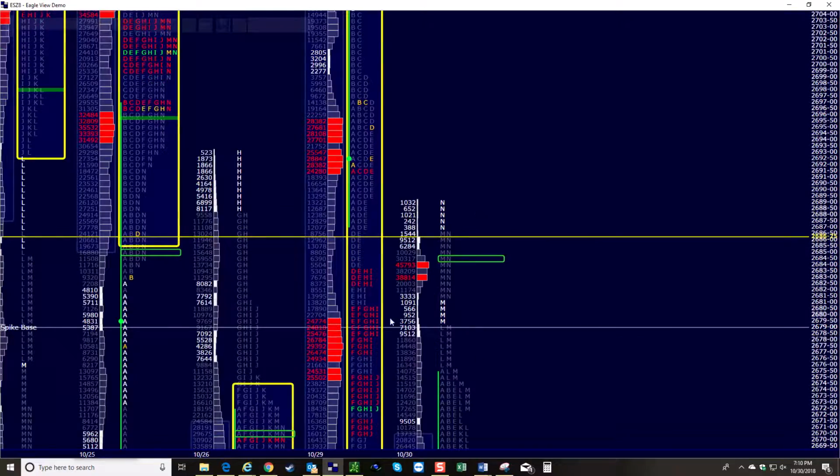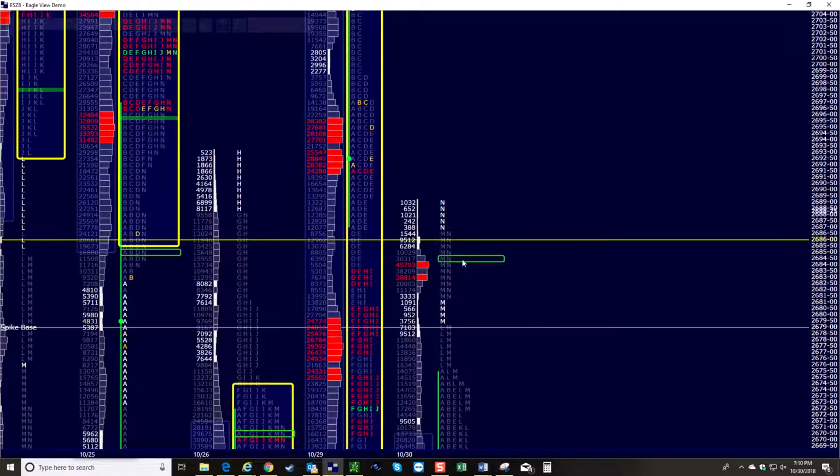So we're definitely watching what the market does. Where does value form in relation, value, not price, where does value form in relation to the spike? If we open in the spike or above, that's positive. It shows that on this late day probe higher, prices are being accepted.